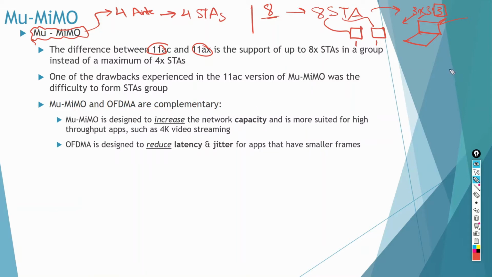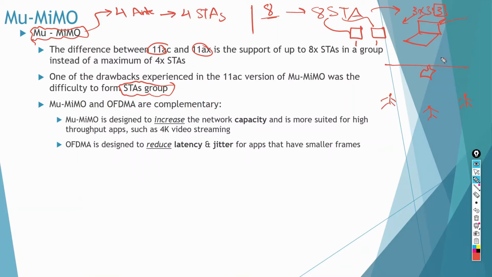So let's imagine it like this. Before we draw, the drawback in 11ac was related to forming stations groups. Let's say I have an access point mounted in the ceiling. I have a client here, a client here, and another client here.